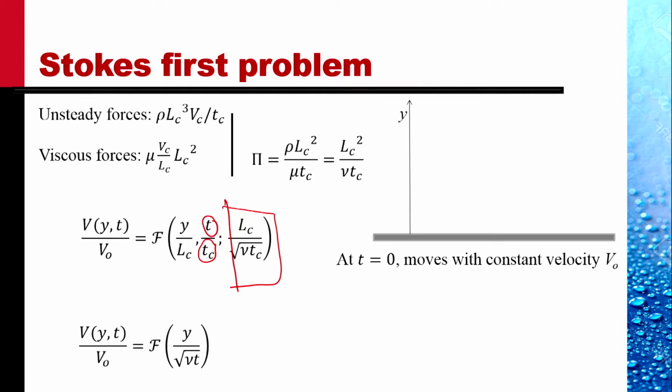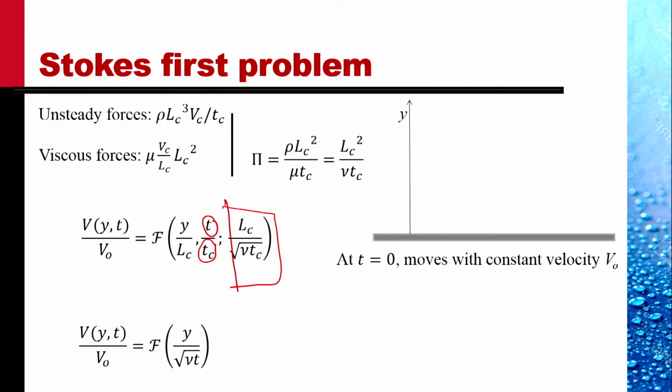This means this should be of order 1. And if Tc is like t, the current time, then Lc would be like the square root of nu t, where nu is the kinematic viscosity.